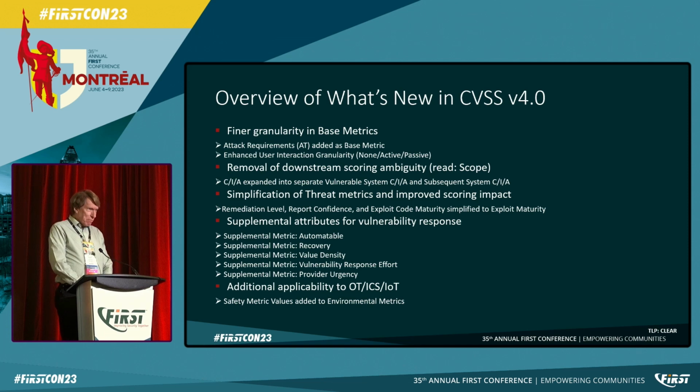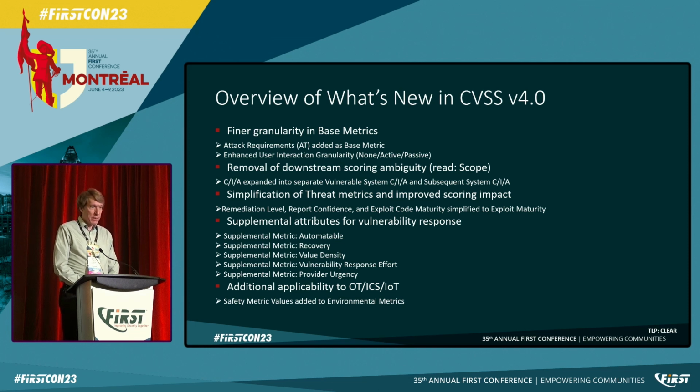This is similar to last year's update. We have several major improvements to CVSS, finer granularity of some of the metrics. Attack complexity was sort of an overloaded metric, so now we have attack requirements as well as attack complexity. We have also had a lot of feedback about scope.